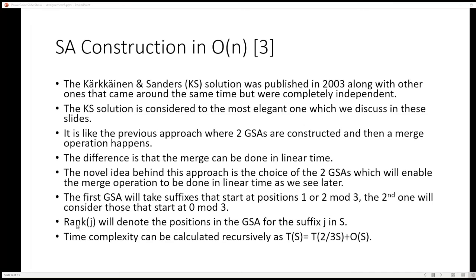We also use a rank function where rank of j will denote the position in the generalized suffix array of the suffix j. The time complexity can be calculated recursively as T of S is the time of constructing the bigger generalized suffix array plus the merge operation, which we will see later can be done in linear time.